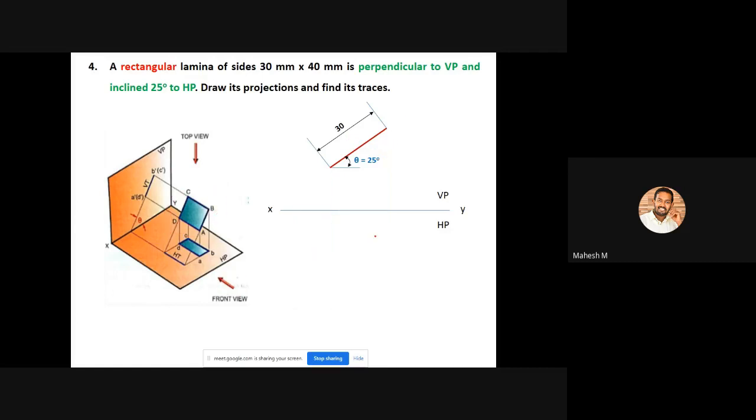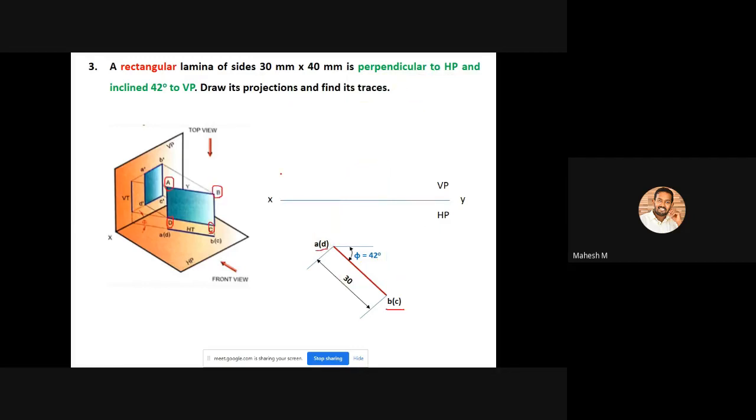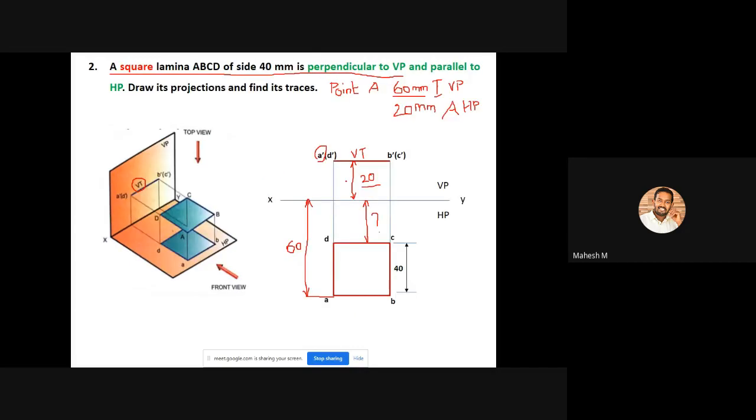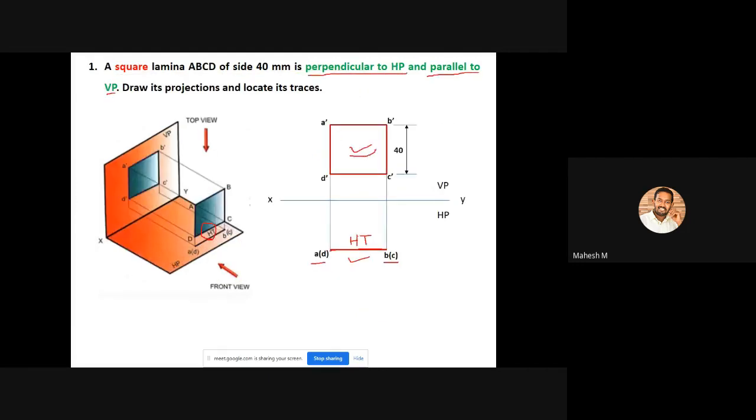In our third problem, one view is our rectangular plane and another view is a straight line. In the second problem, one view is a square plane and one view is a horizontal line. In the first problem it is the same: one view is a square plane, another view is a horizontal line.